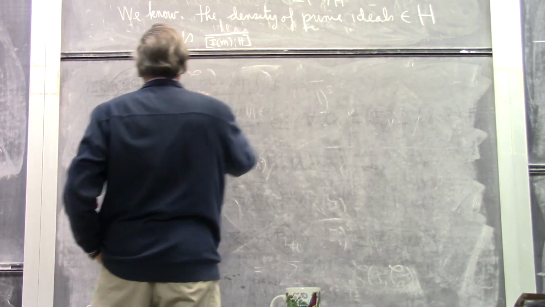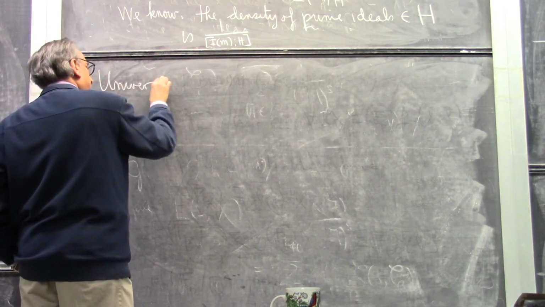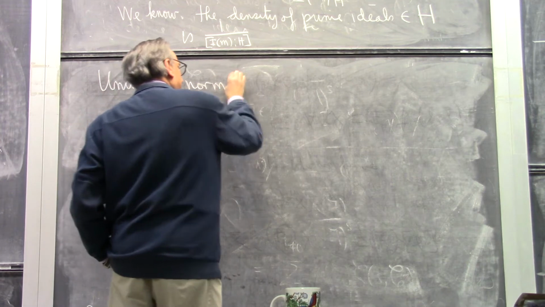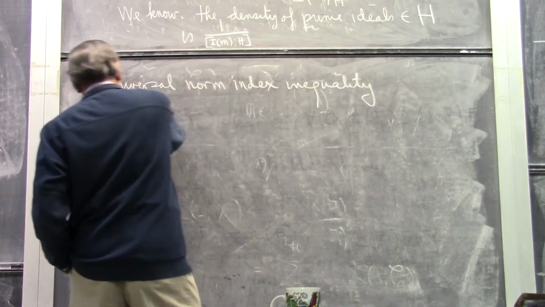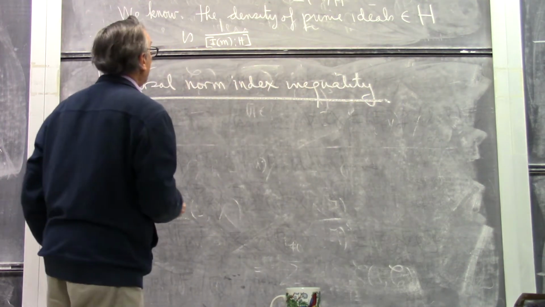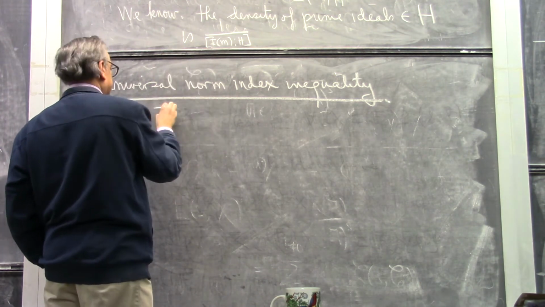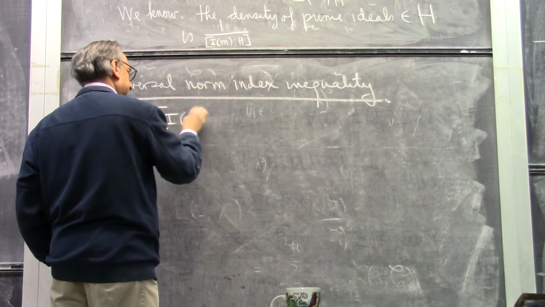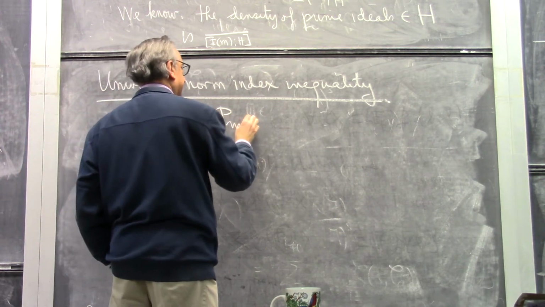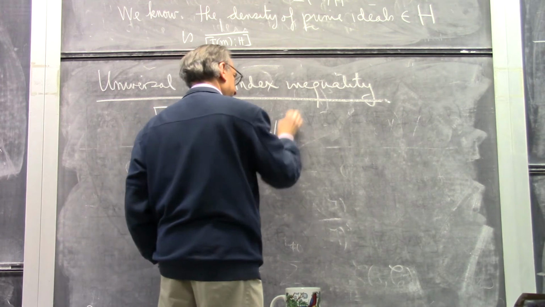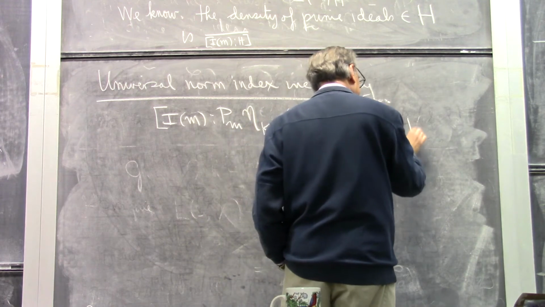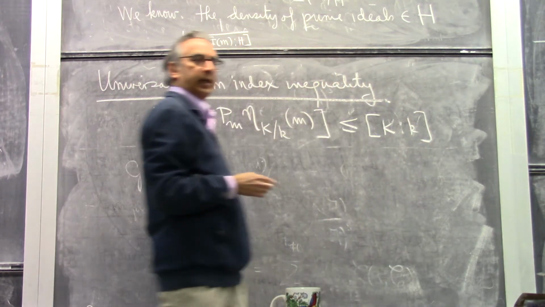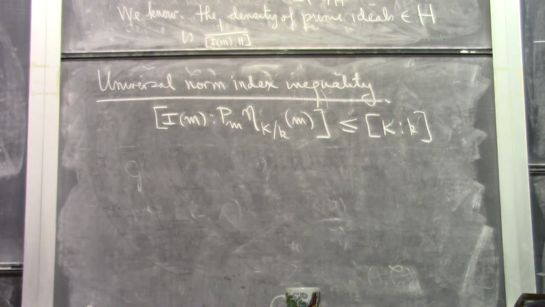So we get what's called the universal norm index inequality, which is that... this is true for any Galois extension. So we get this universal norm index inequality just by comparing density of ideals.